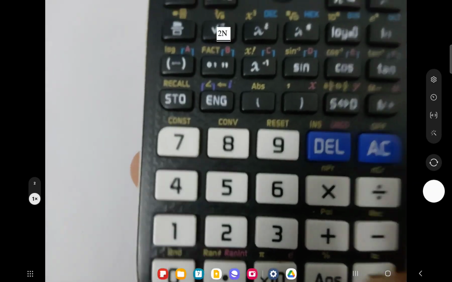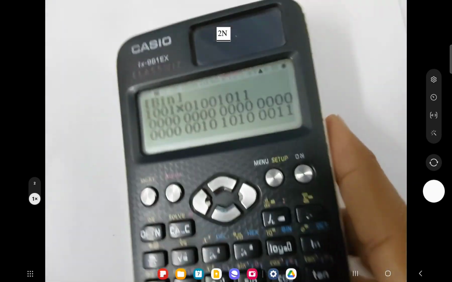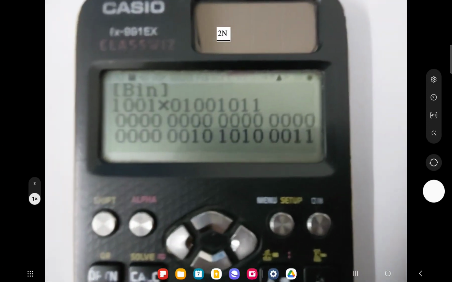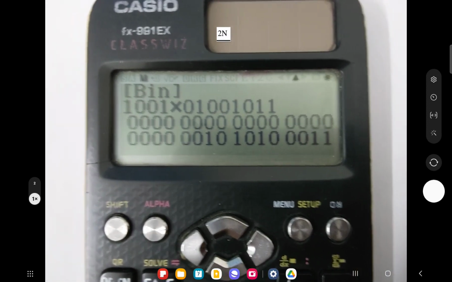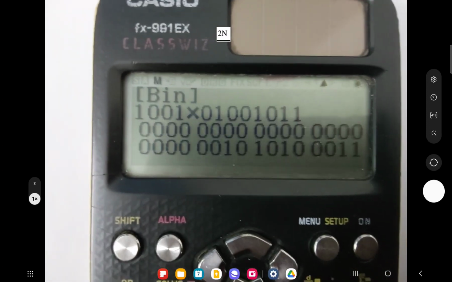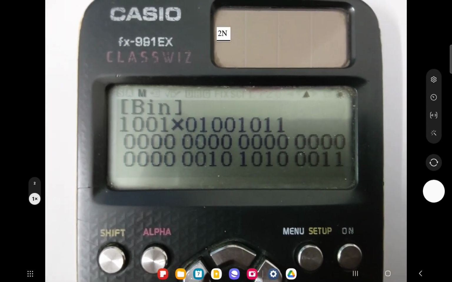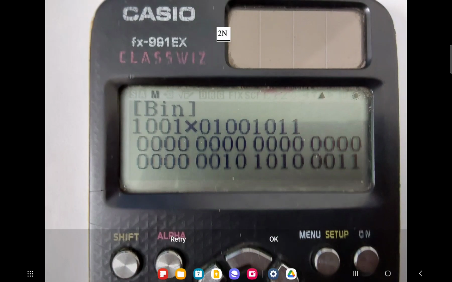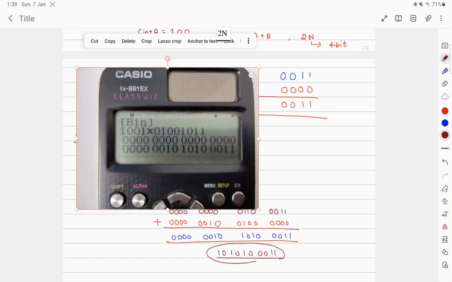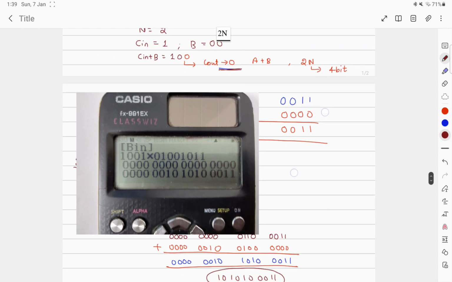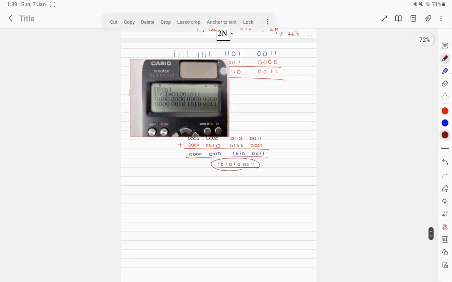If you check, you have got an answer. I will take a photo of this answer. I have taken the photo, and we will match our answer with the calculator's answer.